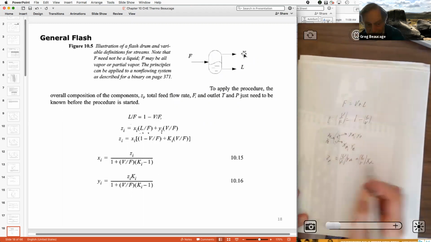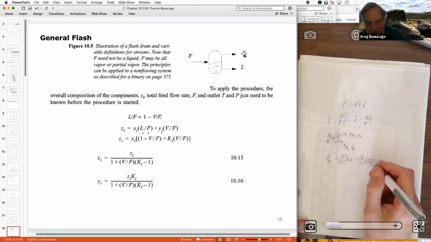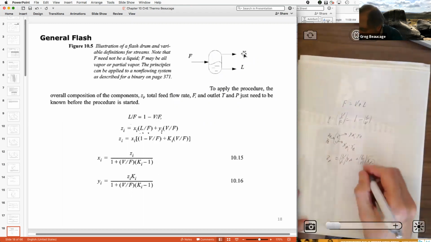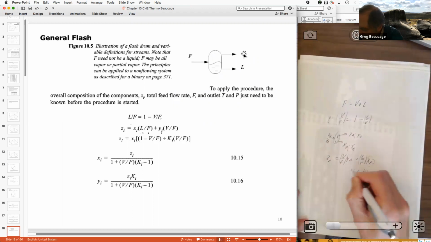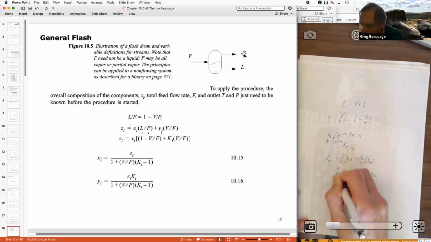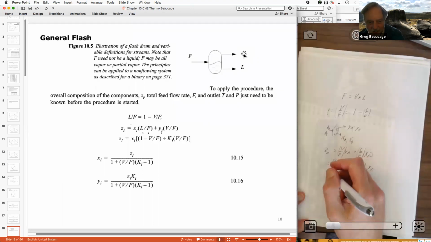And then you can rewrite this just in terms of L by F is 1 minus V by F, because that's how it works out. That's Z, and then you can rearrange this and solve it.